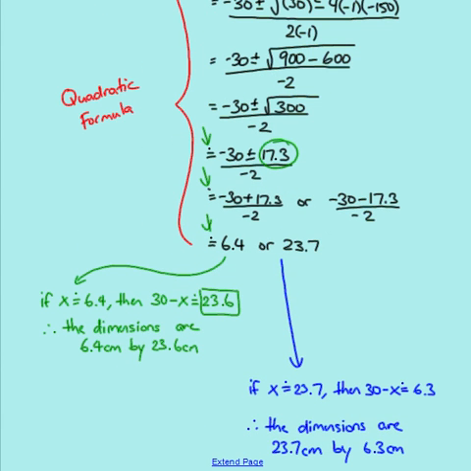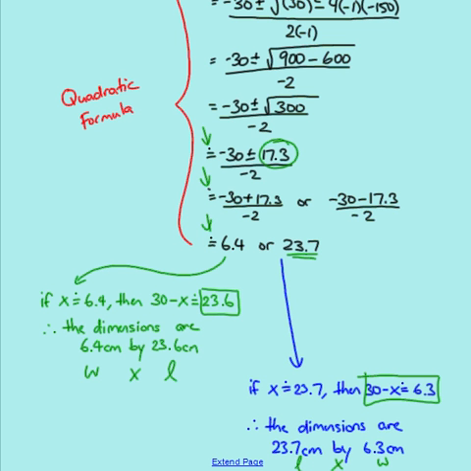All right, so our length and width, oops, or our dimensions for one case is 6.4 and 23.6. If x ends up to be something else, 23.7, then again, we have to find its matching side, and in the end, we get our length and width. So you're going to have two different answers for the dimensions, but as you'll notice, they are very similar.